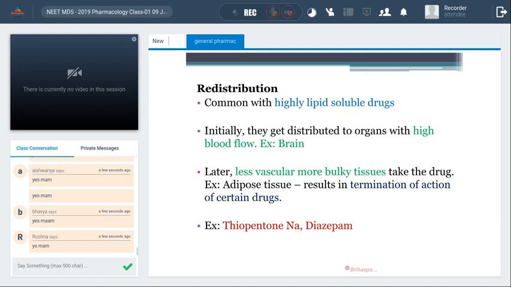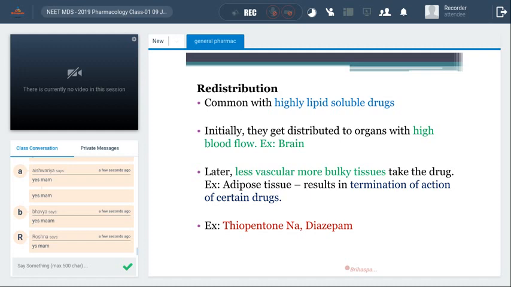This results in termination of action of certain drugs. That is called redistribution. Highly lipid soluble drugs first enter tissues of high vascularity like brain, and immediately they come out. That is why drugs like thiopentone, which is a general anesthetic, will act only for 5 minutes. It enters the brain, and because of its high lipid solubility, it comes out faster and gets deposited in adipose tissue.